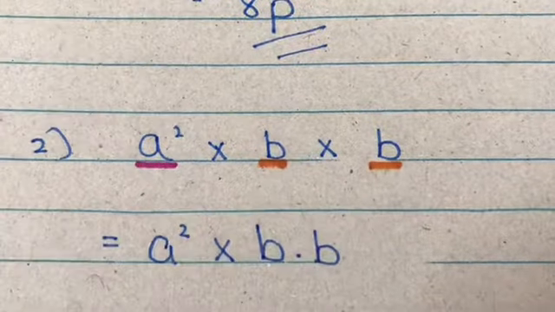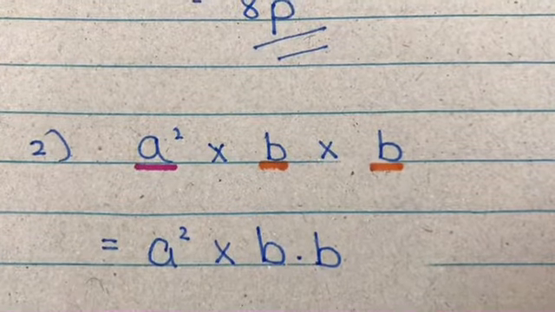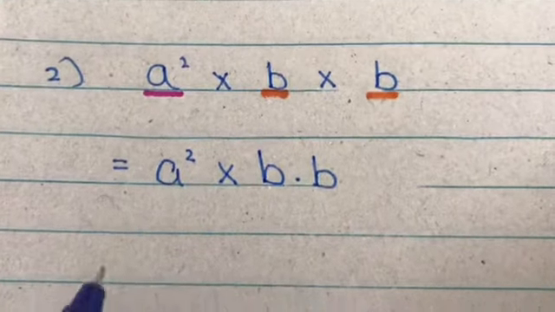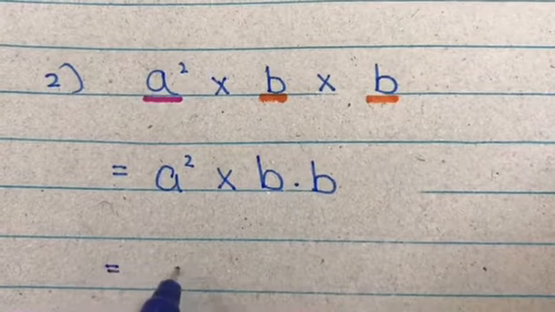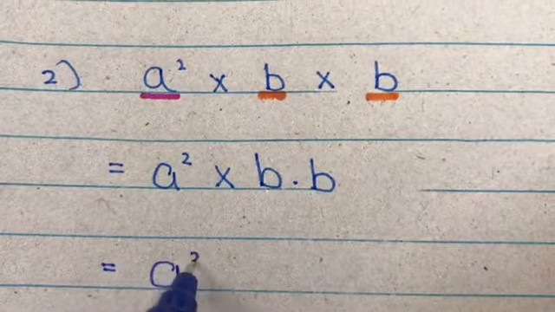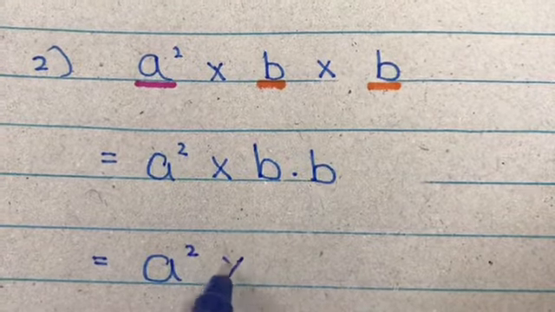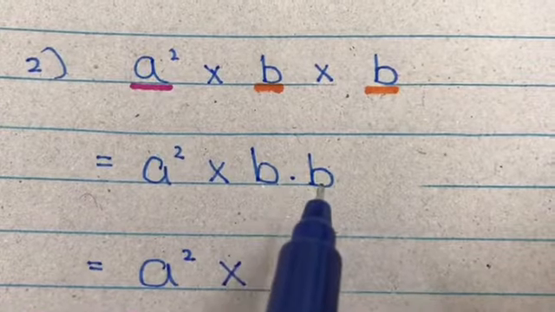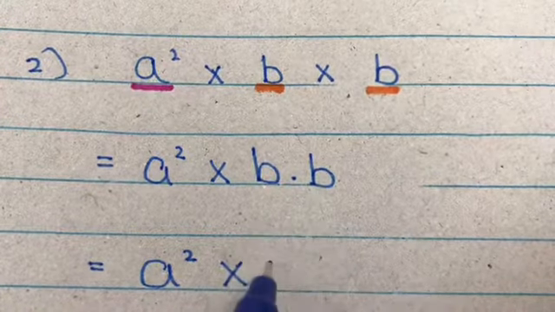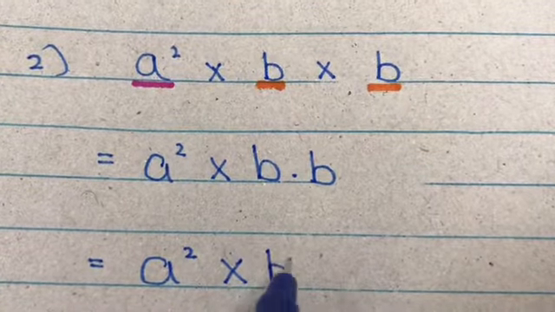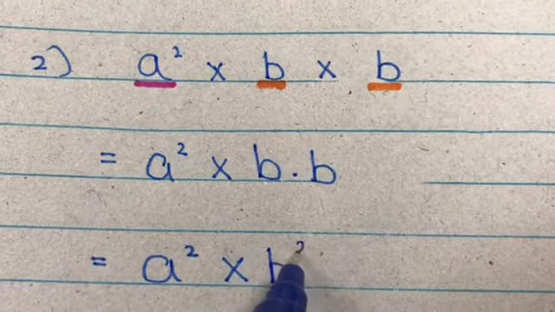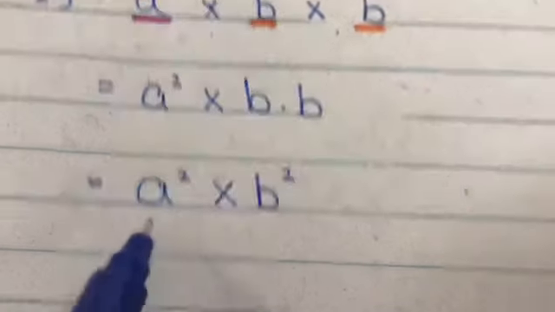So now I've underlined all, I'm not missing out any term. Now this stays as it is because this is only once, multiplied by b dot b. How many times does b occur? 2 times. You can now see how it looks.